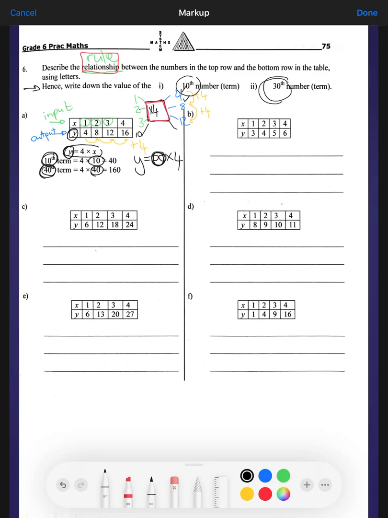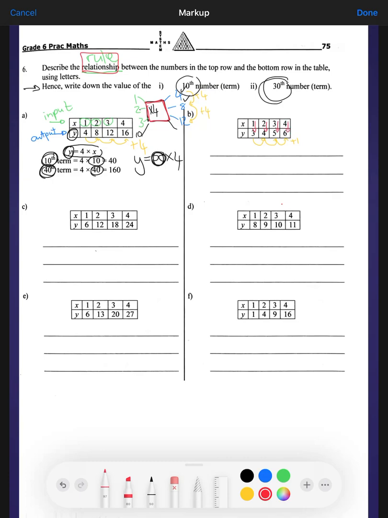So I'll do B for you just to show you how quick and easy you can solve this. All I'm seeing here is plus 1, okay? So I need to check that doesn't help me with finding a top to bottom rule. What is happening to my x values to become y's? 1 is becoming 3, 2 is becoming 4, 3 is becoming 5.